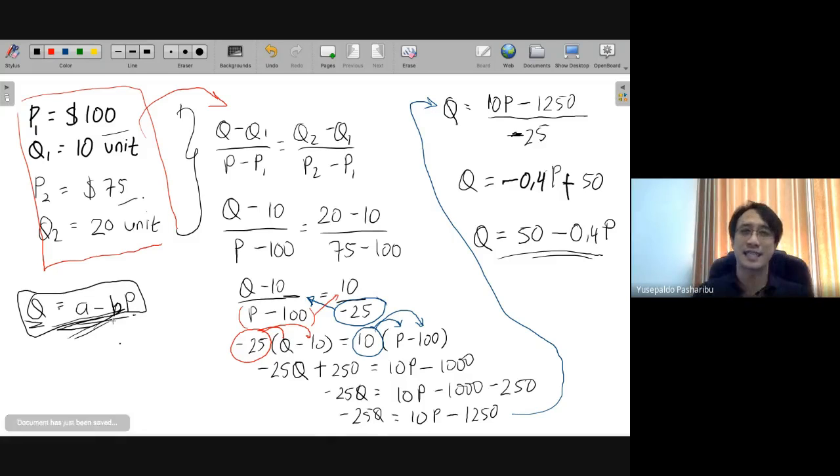Now, in this case, we have the intercept and the gradient. This is the intercept, and this is the gradient.